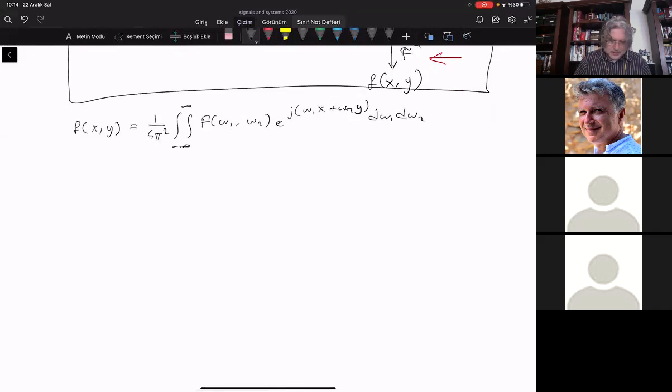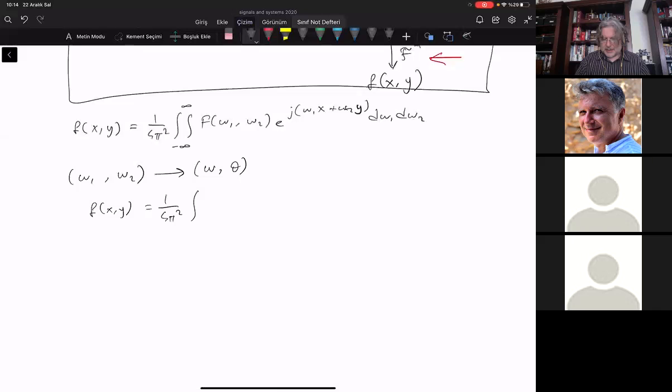Now I will switch the notation of omega 1, omega 2 into omega and theta. So f of x and y will be equal to, I will try to write everything in polar coordinates, in other words, 1 over 4 pi squared.